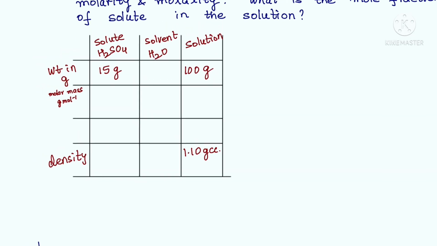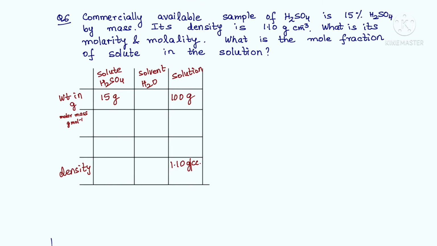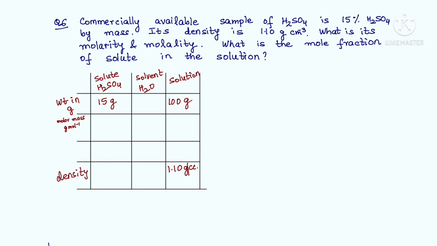Can be written as gram per cc or centimeter cube as well, right? Yes, it's a per centimeter cube. It's in the denominator. That's why the slash. Now, what is its molarity? That means I need capital M. I need the weight of the solute, the molar mass of the solute, the volume of the solution in liters.